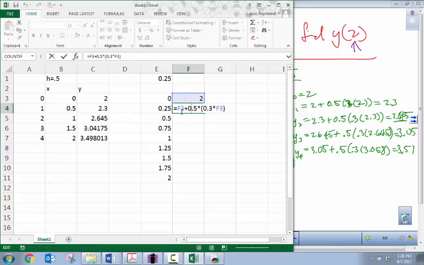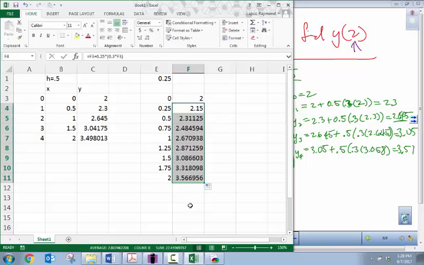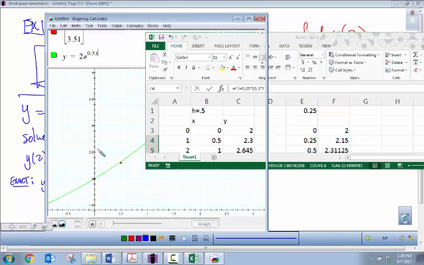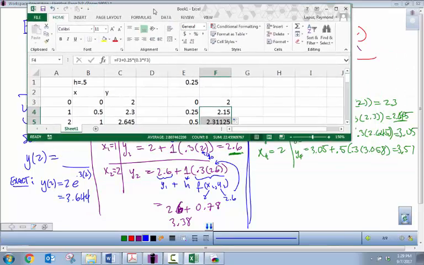It starts off with the y value from before plus the step size, which is actually 0.25, times the slope, which is dy/dx, whatever that right-hand side is. And it only involves the y value. So now if I figure out what happens here, I got 3.56, which is again closer to our exact value of 3.664. Okay?